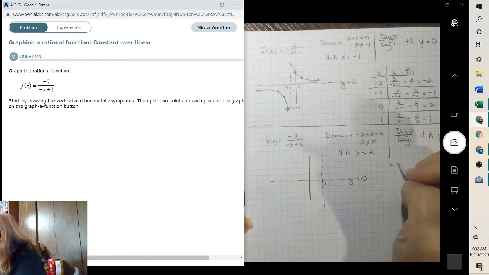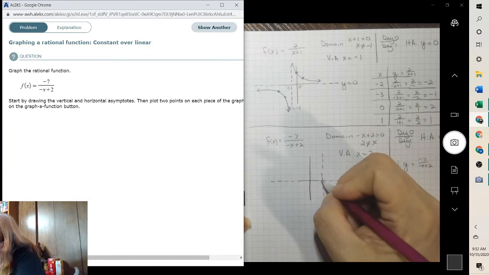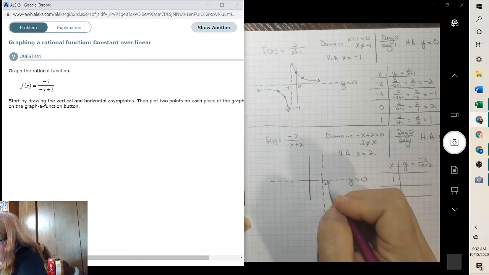So we need to plot points. For x, we could plug in going this way, 1 and 0. Going this way, 3 and 4.